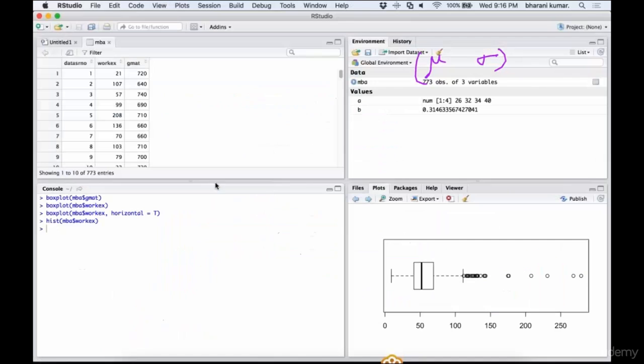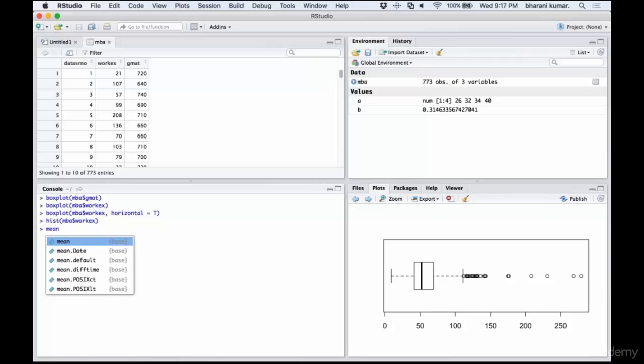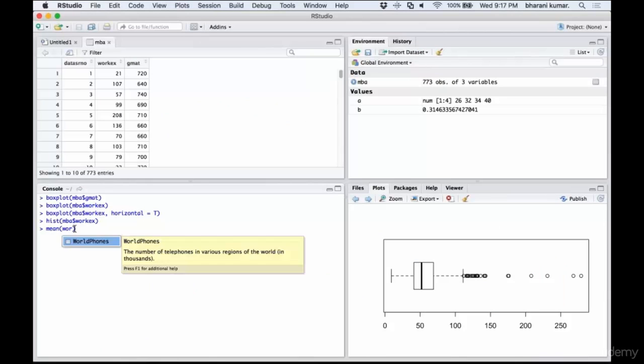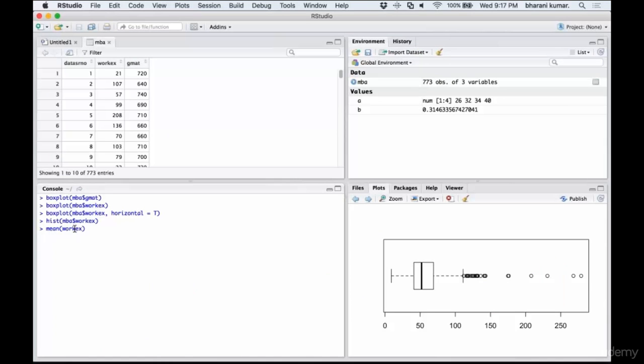And look at this. If you want me to calculate the mean for the random variable called work experience, and MBA dollars, sorry, my bad, I forgot that.